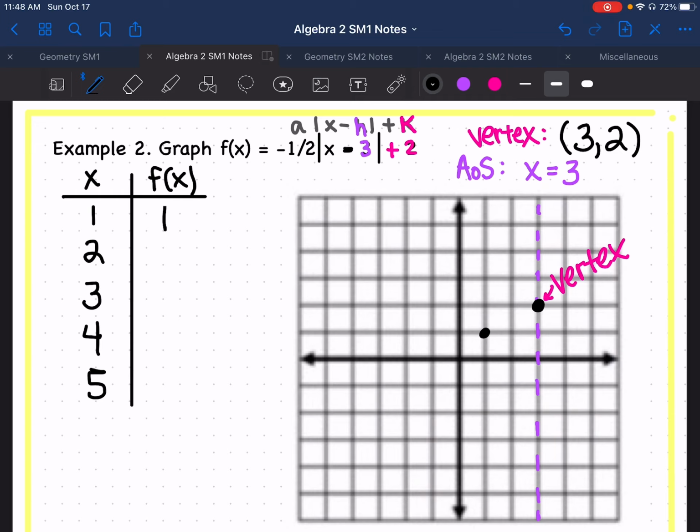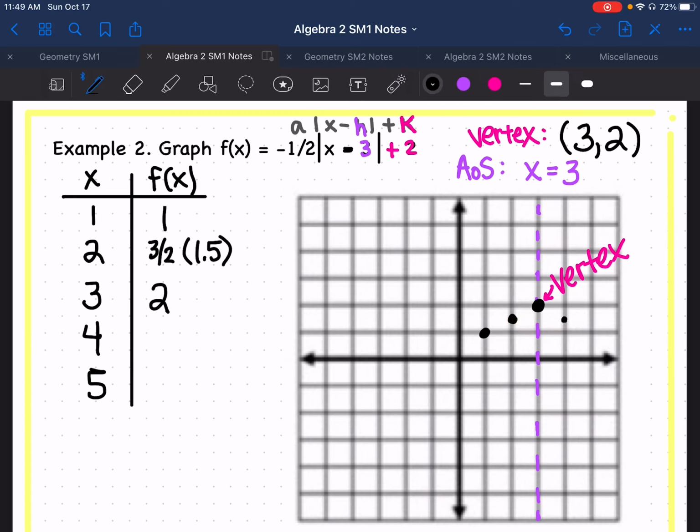I'm going to see 2 and 3.5, or 1.5. So I'm going to do the best I can. There we go. Now, because of that axis of symmetry, I know that there should be another point right here.